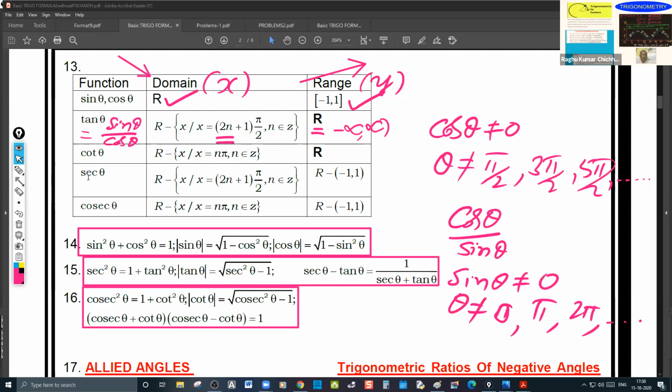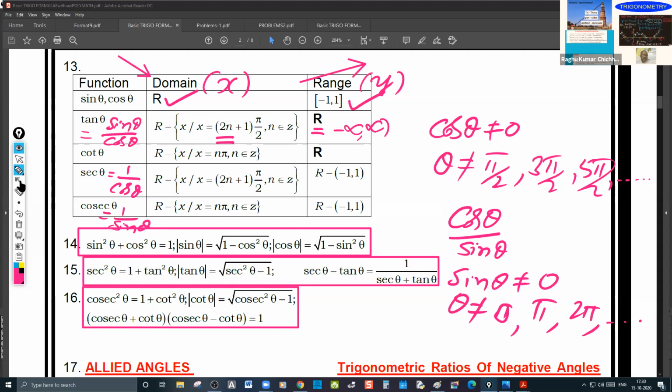Similarly, secant theta is very much similar to tan, because tan consists of cos theta in the denominator and secant also consists of cos theta in the denominator. That is why the domain of tan and the domain of secant are one and the same. Similarly, cosecant theta contains 1 by sine theta, and cot theta also contains sine theta in the denominator.